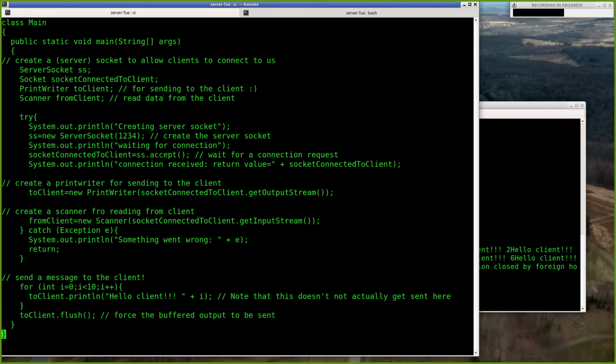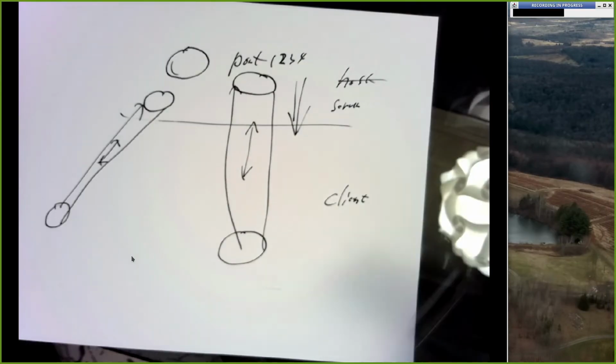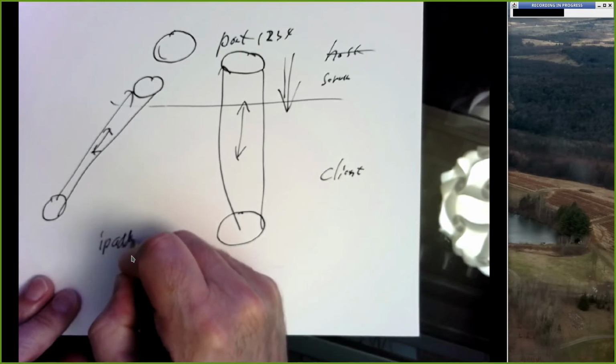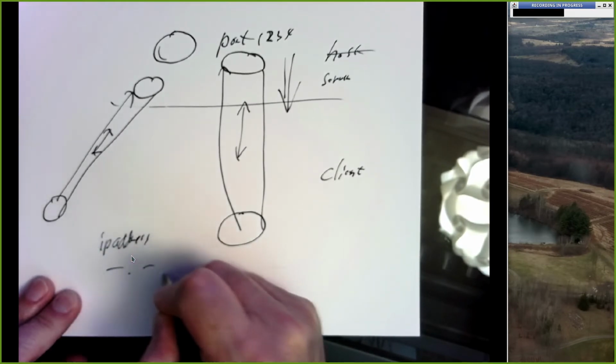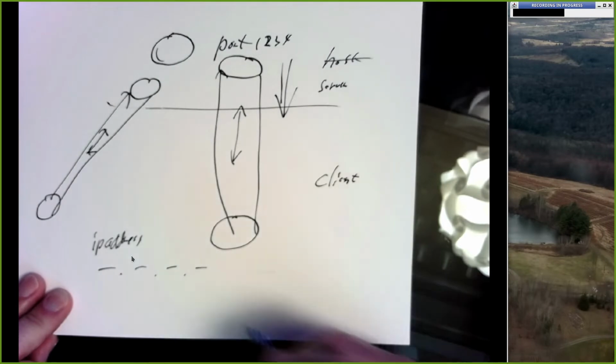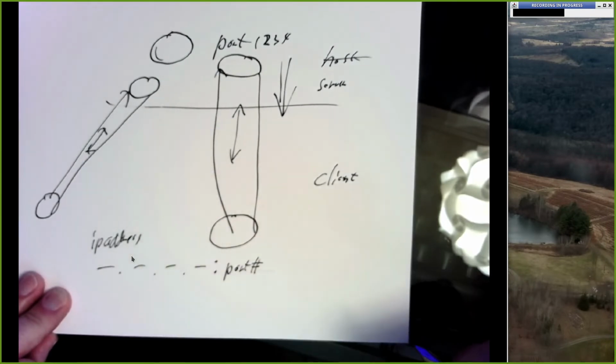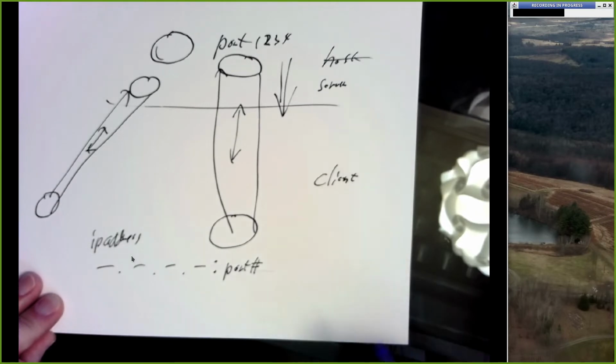Well, we'll expand on this in a minute after a break, but the 1, 2, 3, 4 is what we call a port number. And it's part of an address. There's actually two parts to an address. There's an IP address, which is something dot something dot something dot something, and then there's a port number, which is a 16-bit number. So this is 192.168.0.101.